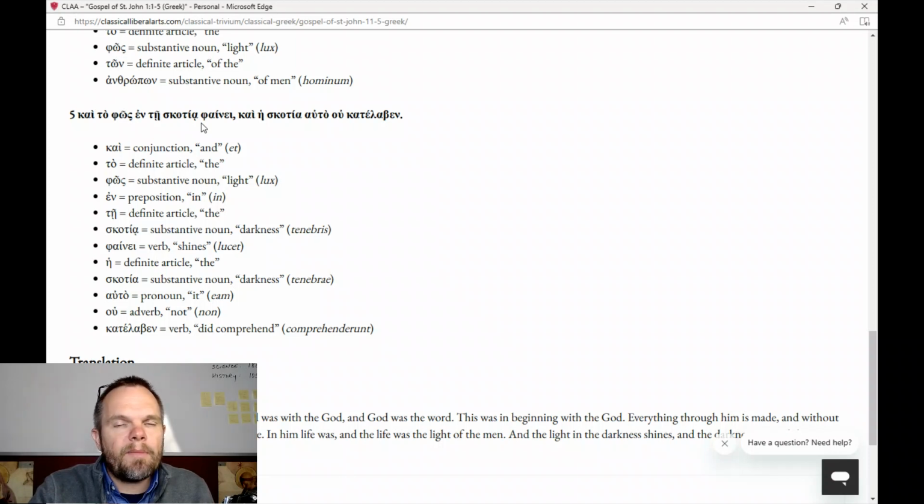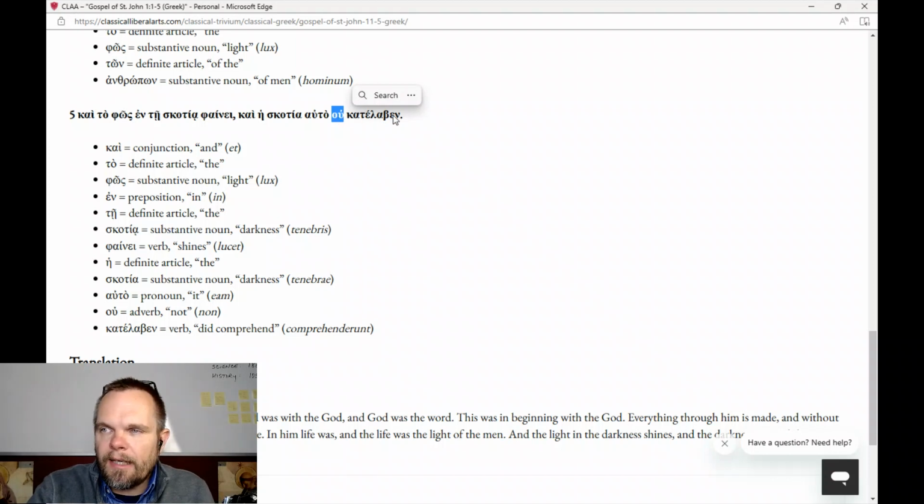Phaine means shines. And the light in the darkness shines. Kai he scotia, and the darkness, auto. Auto here is translated it, because it's neuter. Auto, it, ou. Ou is the adverb that's translated not.